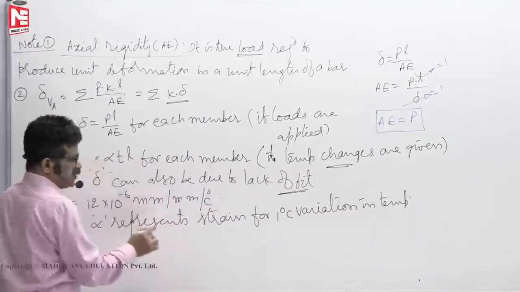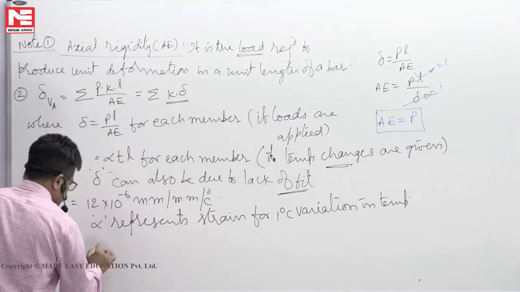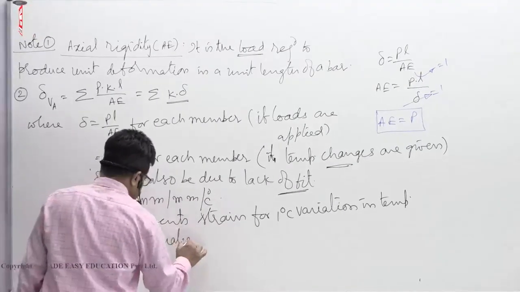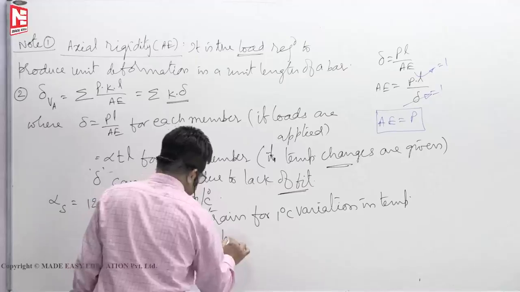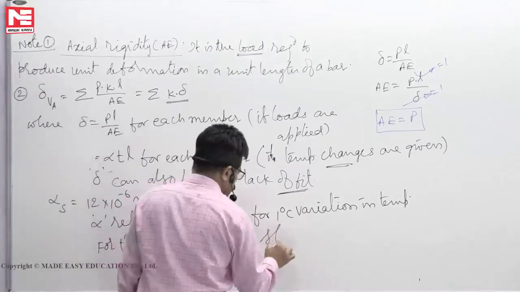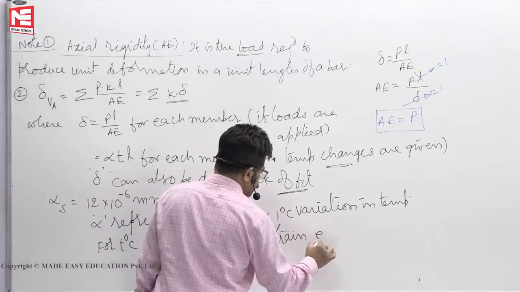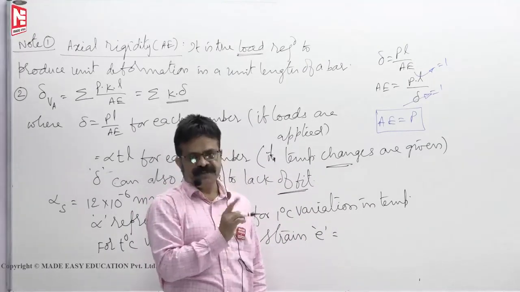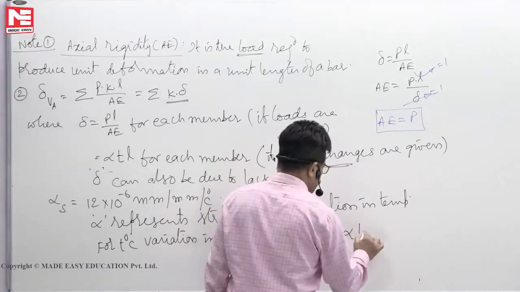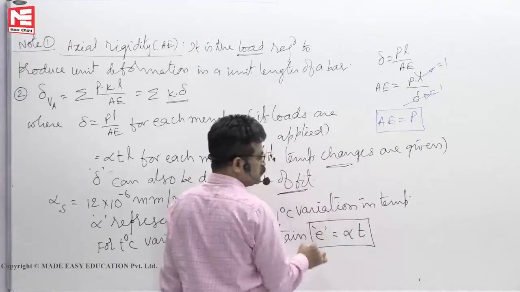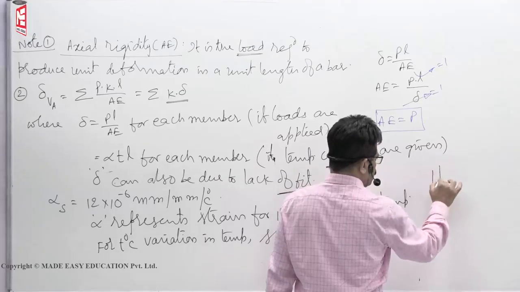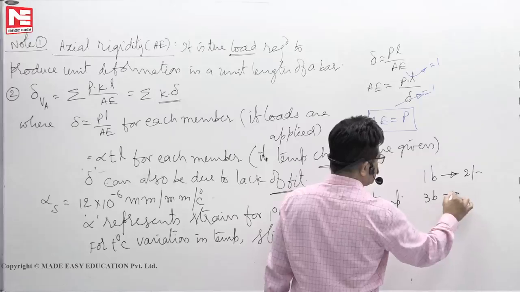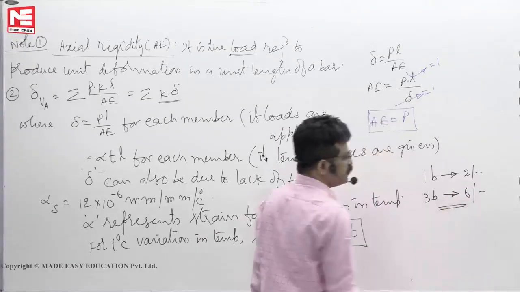Then if alpha represents strain for 1 degree centigrade, for T degrees centigrade variation in temperature, strain small e, how much will it be? For 1 degree alpha is the strain, for T degrees alpha into T. How? We have studied in our second class, if one biscuit costs say 2 rupees, 3 biscuits will cost 6 rupees.